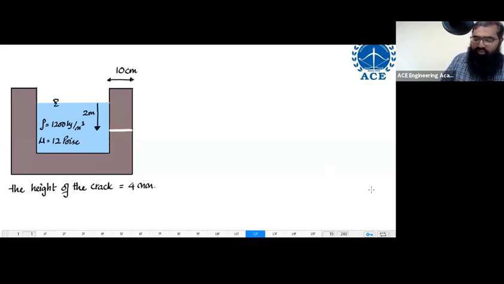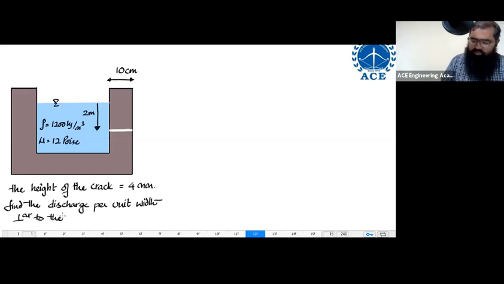The question asked over here is, find the discharge per unit width perpendicular to the screen through the crack. Find the discharge per unit width perpendicular to the screen through the crack.